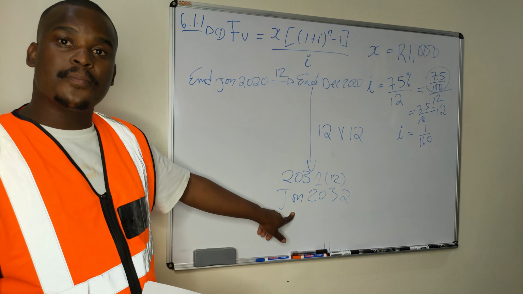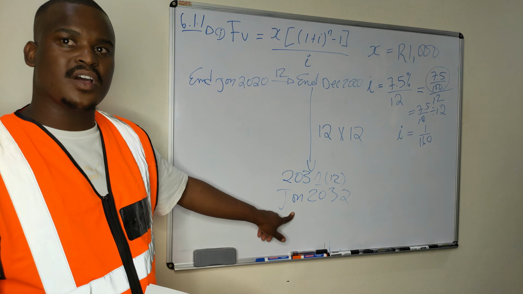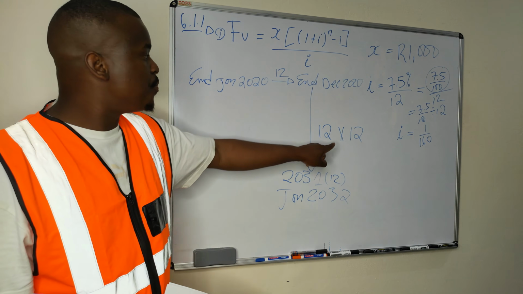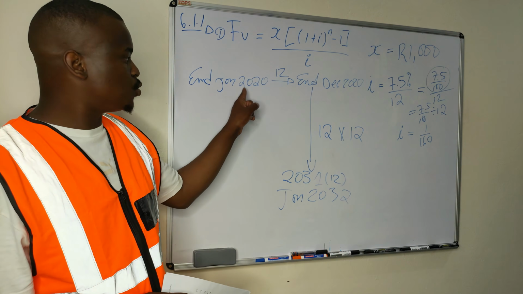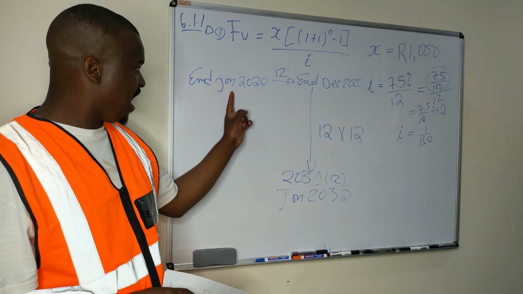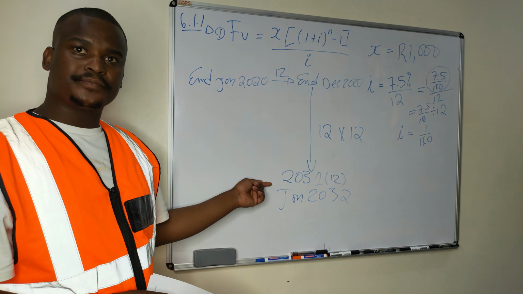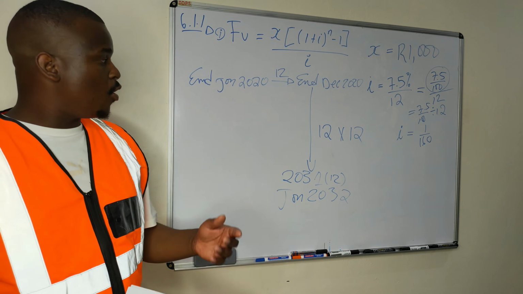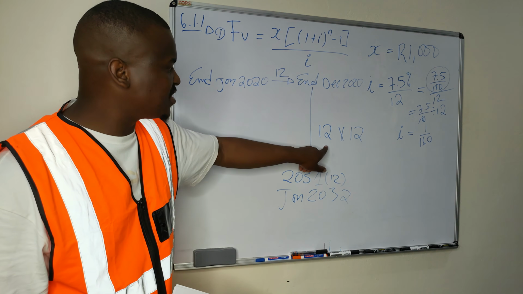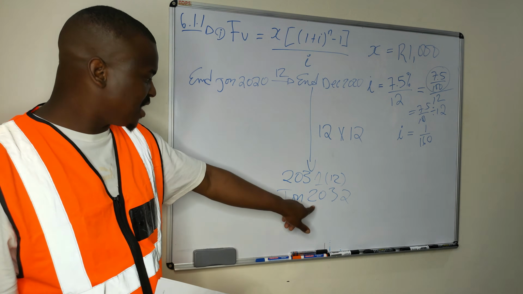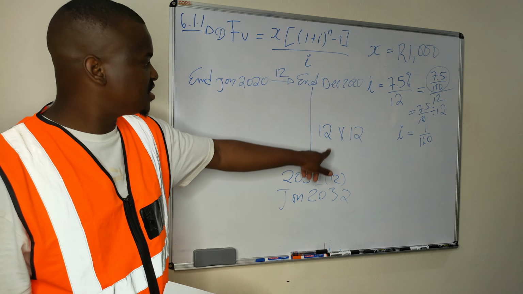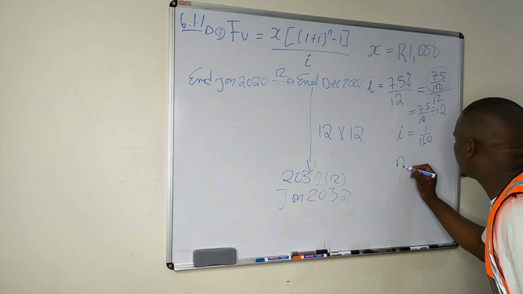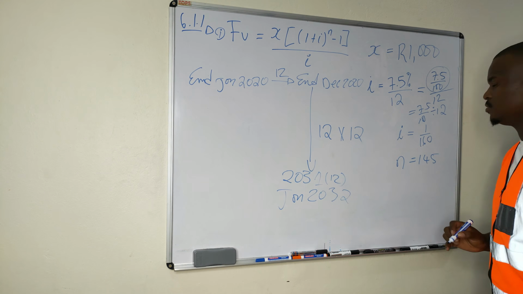Then plus that one payment made at the end of January, so a total of 12 times 12 payments for those years plus that 1 month, which is 144 plus 1. So a total of 145 payments was made into that account.